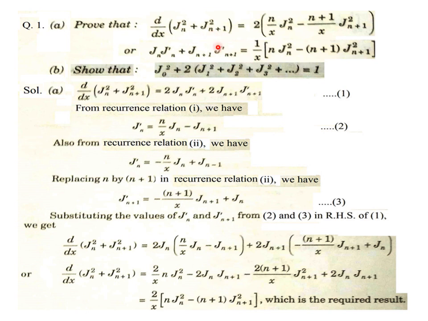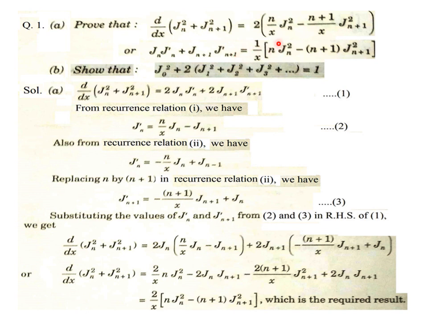Then the left hand side of that alternative statement can be observed, and that 2 is multiplied with 2 in the right hand side, and 1 by x is taken as common in the right hand side, then the remaining is n Jn square minus n plus 1 Jn plus 1 square. So it's about the alternative form only. That means we have to prove any one form, and that form is obviously there.